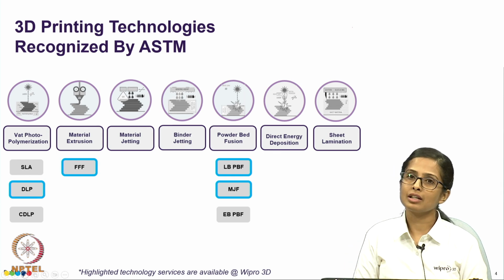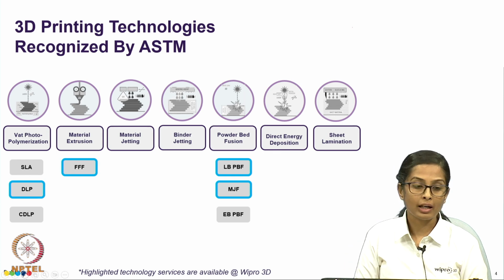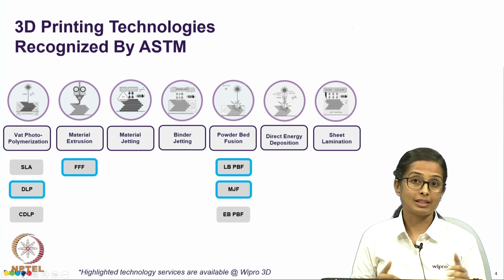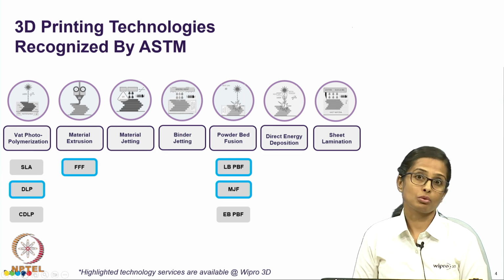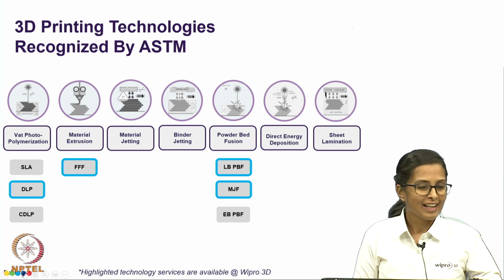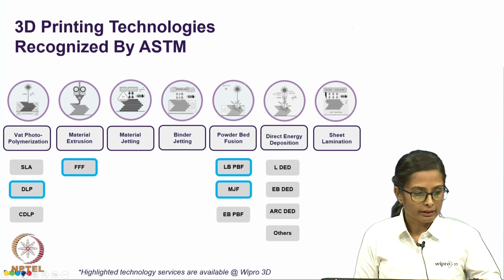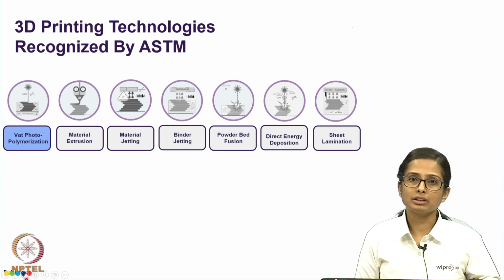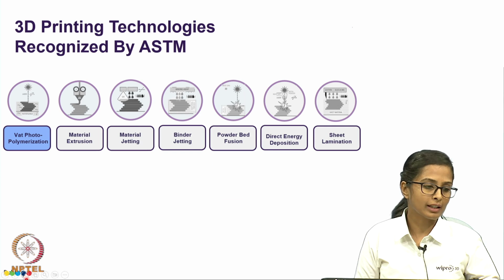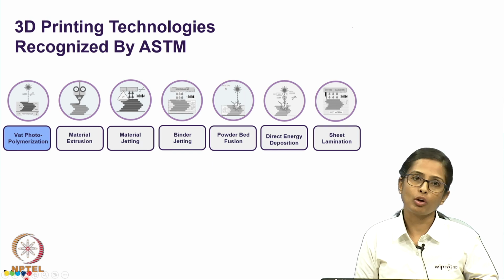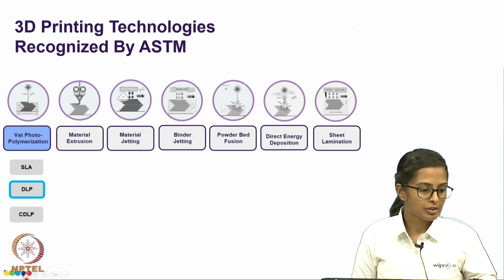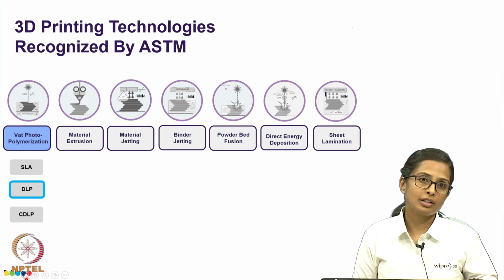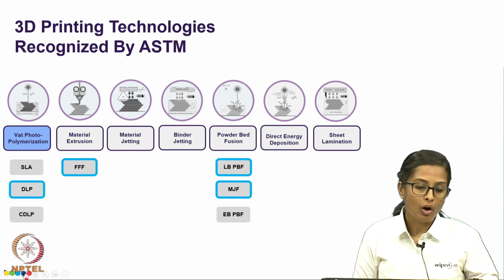All of these things you will be able to understand once this landscape portion of the course is done with. That is the hope. Let us get started with the first technology, that is vat photopolymerization, and I told you why we are taking this up first as well. There are 3 variations which we will also take up.